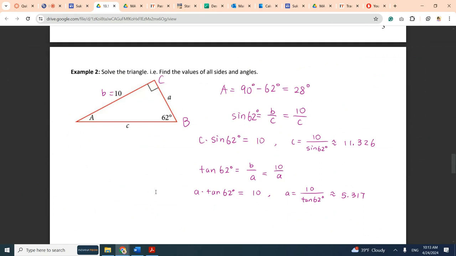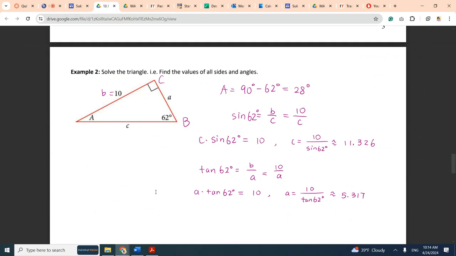So sine 62 degrees equals B over C. B is 10. How do you solve for C? Cross multiply, right? So C times that equals 10. So C is 10 over sine 62 degrees. And you get 11.326, which makes sense because 11 is bigger than 10. Your hypotenuse is the longest side, right?